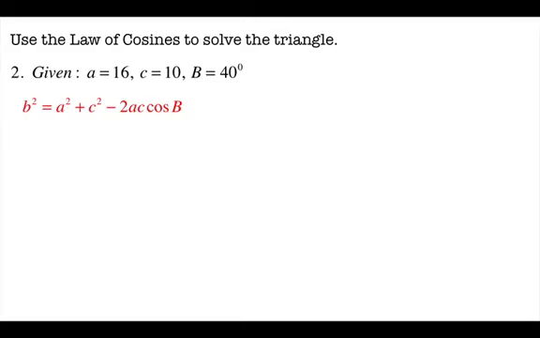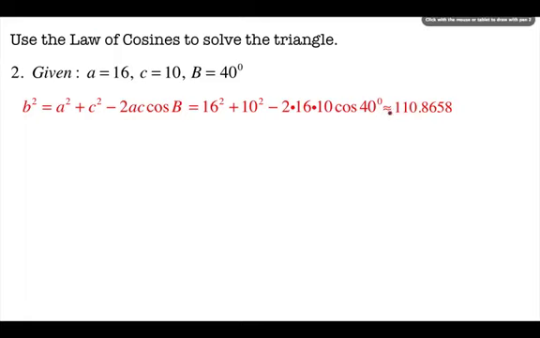I substitute the information into the formula. This is what I get. I punch this into the calculator, and I get this number. And then at this point, notice that this is b squared. So to find b, I need to take the square root of this, and this is what I get, approximately 10.53, rounded to the nearest hundredth.